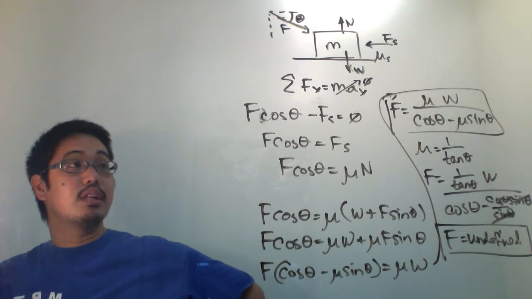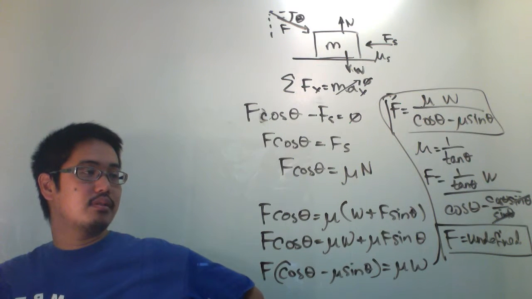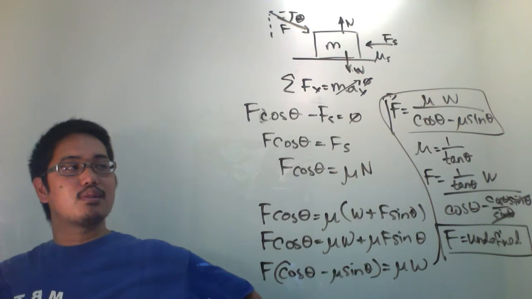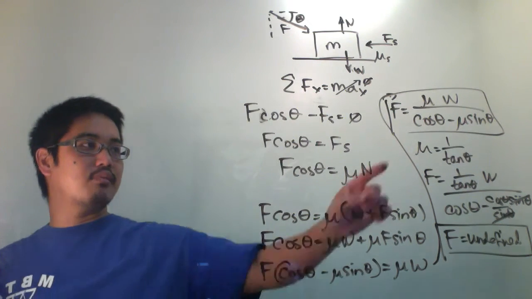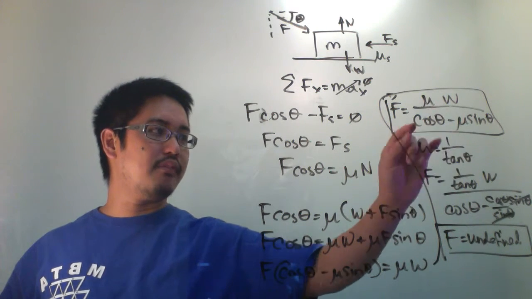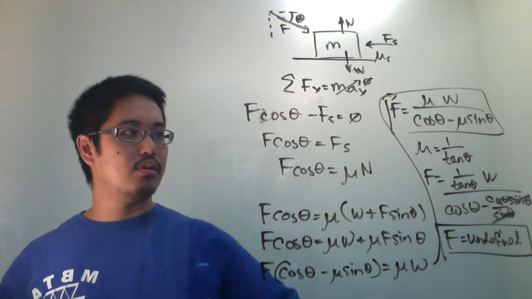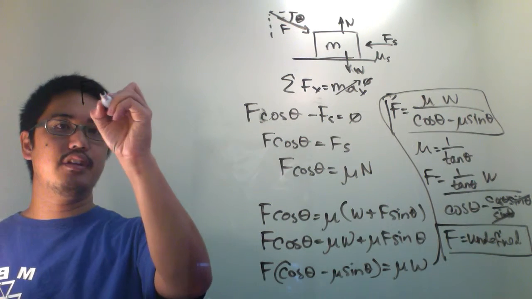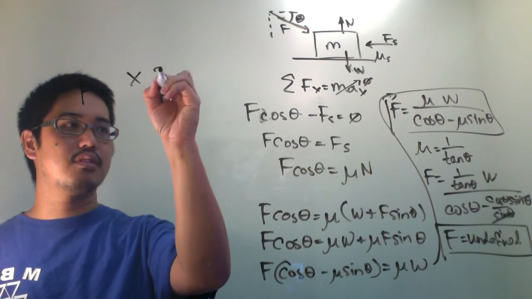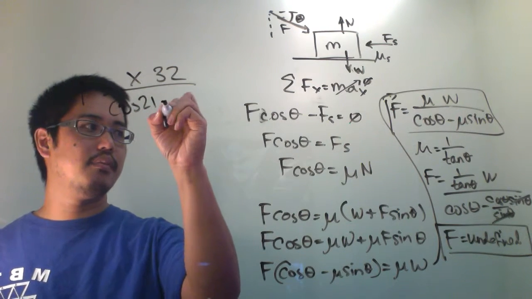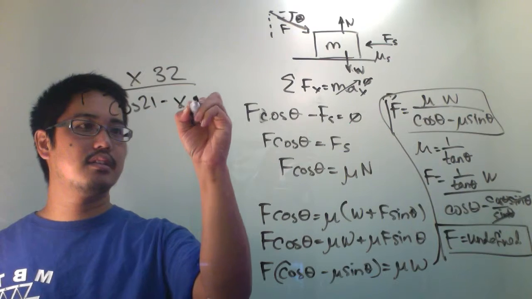So if theta were really big, I'm sure that we could see it if we graph it out. Sometimes what I like doing is choosing a number for mu and choosing a number for W, and then plugging this into my graphing calculator, where I'll have like f equals x times 32 over the cosine of 21 minus x sine of 21.